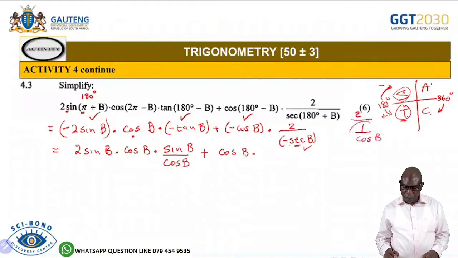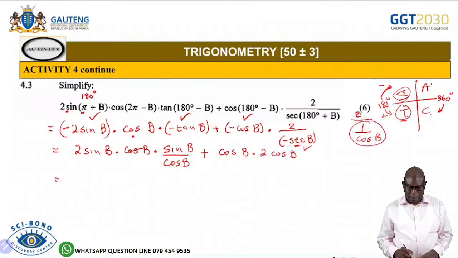So it's 2 over this. So if I multiply this 2, I'm going to get 2 cos of b. Right. Now I can see that guy cancels out with that guy. I'm left with 2 sine b times 2 sine b. I get 2 sine squared of b.